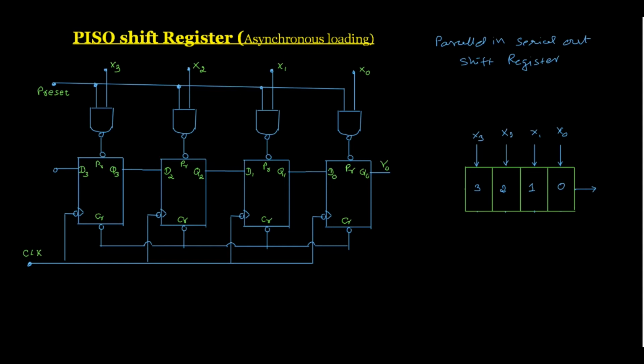All these flip-flops are internally connected to each other, meaning the output of flip-flop 3 is connected to 2, output of the second flip-flop is connected to 1, and finally we are getting the output from flip-flop number 0. So whatever data comes out will be in a serial fashion. Here we have this output and these are the inputs. The 4-bit register is there, so we can enter 4-bit data.